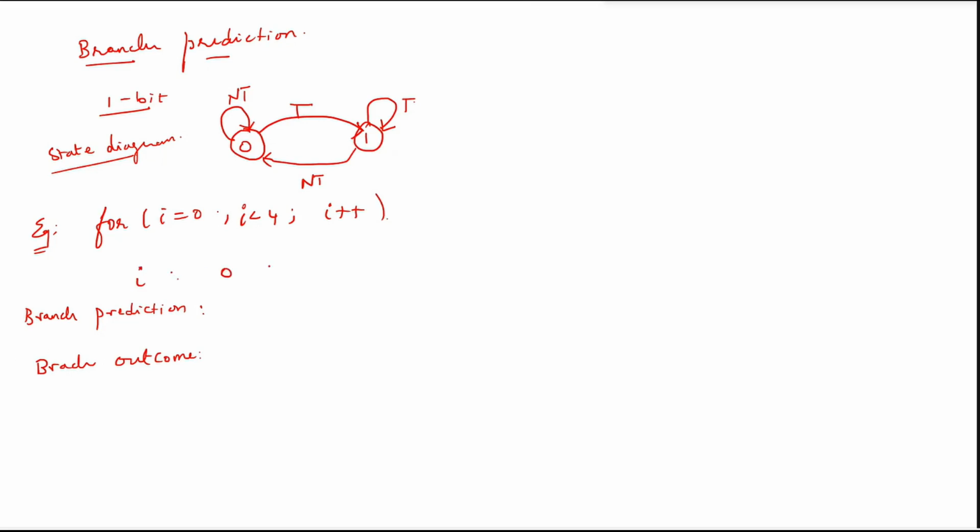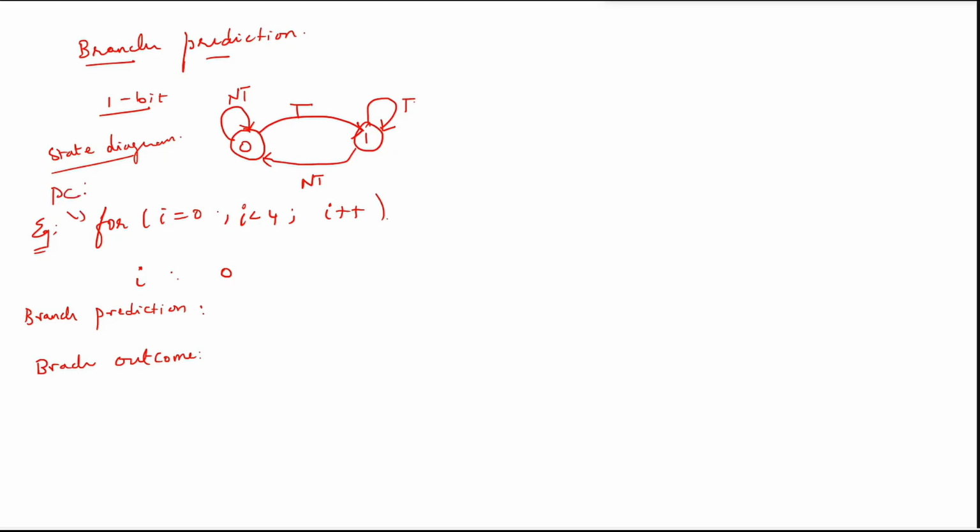Branch prediction will be useful only if the branch has been executed multiple times. If the branch is going to execute one time, there is probably no use of branch prediction.